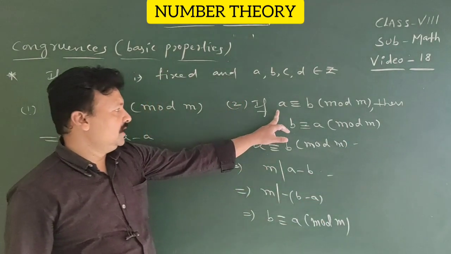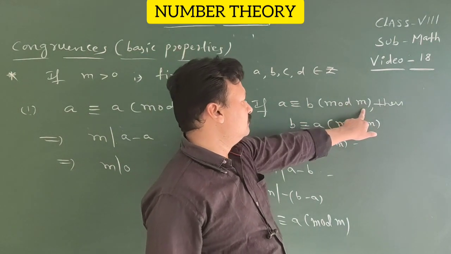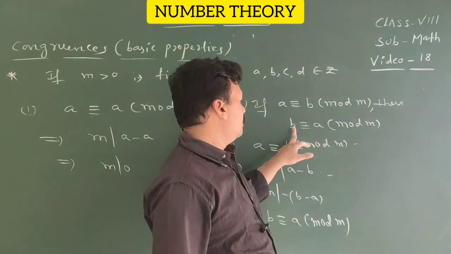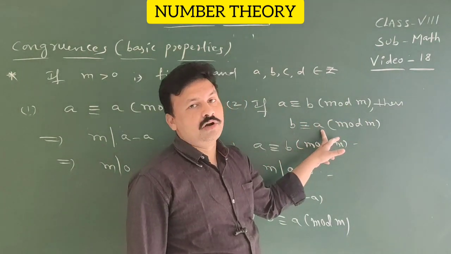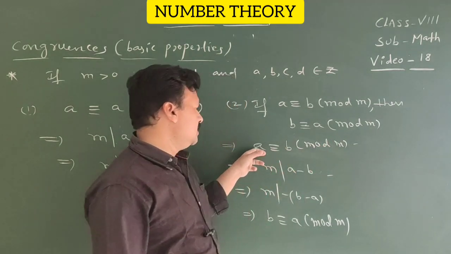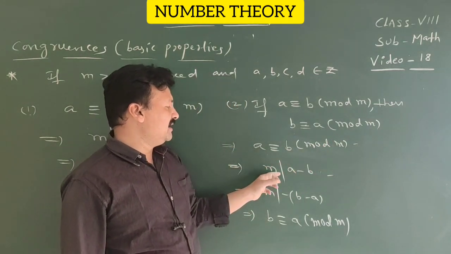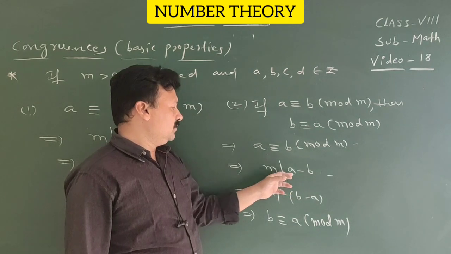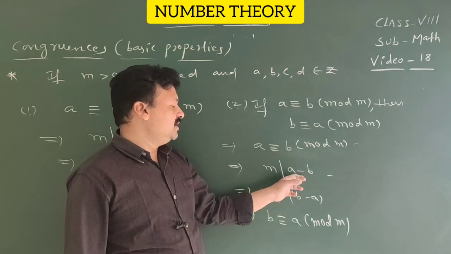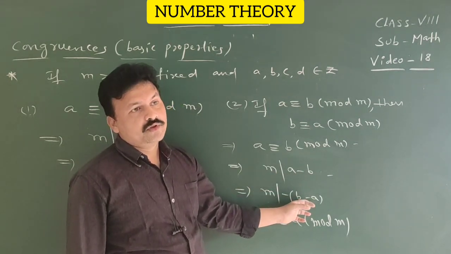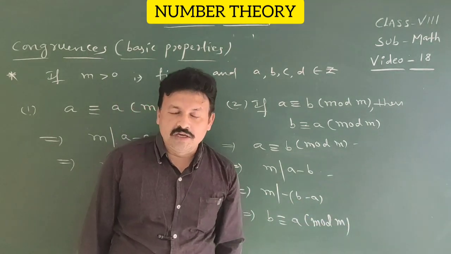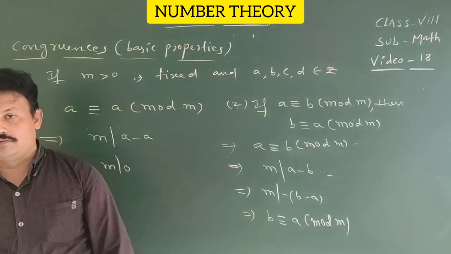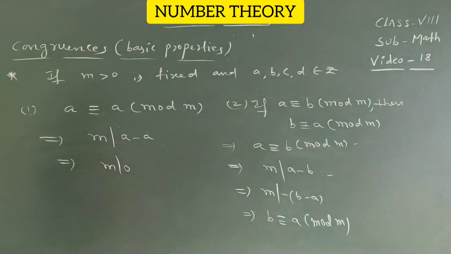Okay, here a is congruent to b mod m. Then we need to prove b is also congruent to a mod m. So a congruent to b means m divides a minus b. If you take minus common, a minus b becomes b minus a. 2 is a factor of 4 means 2 is also a factor of minus 4.